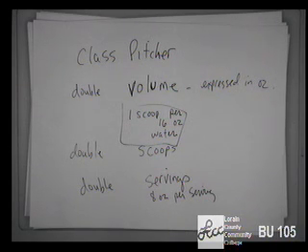If I was calculating how many pitchers I need if I have 10 people coming over, or if I have a 2-quart pitcher, how many scoops I need and how many people I can serve, it doesn't matter if it's a glass pitcher or a plastic pitcher. So these things that I'm describing this class with, I'm limiting to what's relevant to the problem domain.